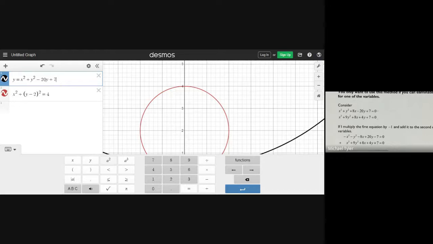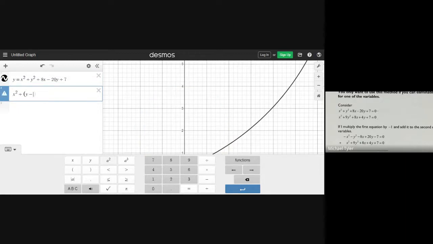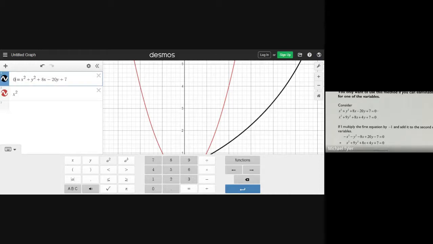Make sure I got everything in. I'm missing the 8x. Make sure you type in everything. So it's x squared plus y squared plus 8x minus 20y plus 7. All right, now the other equation, all right, make sure you put the 0 in there. All right, now we're good.